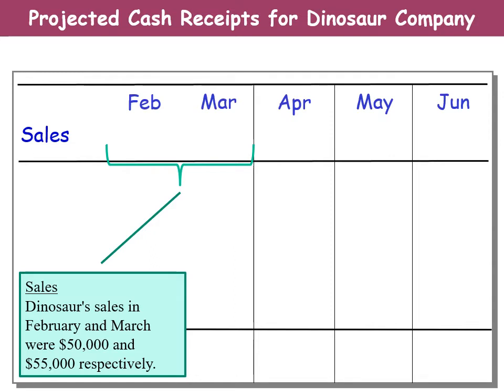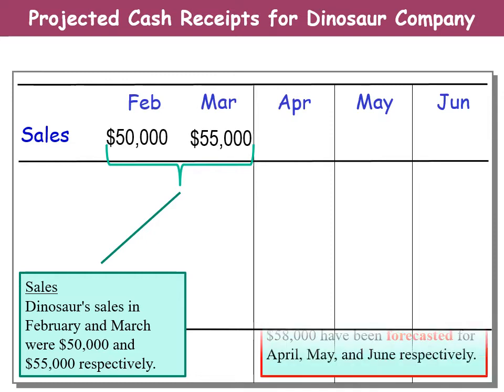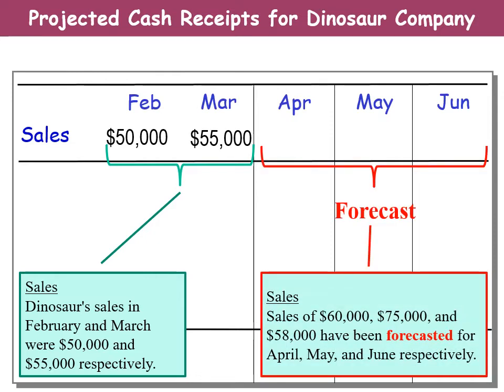Under sales, Dinosaur's sales in February and March were 50K and 55K respectively. Taken from the question again, sales of 60K, 75K and 58K have been forecast for April, May and June respectively.